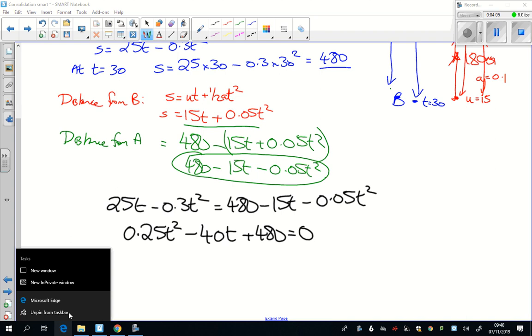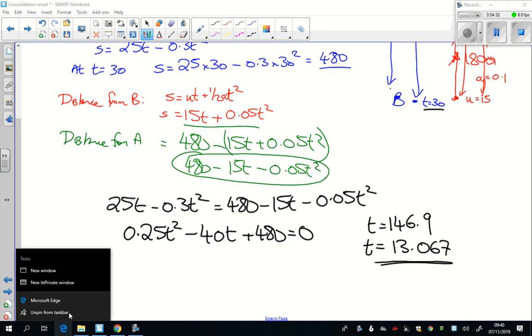Solving that on my calculator, I get t equals 146.9 seconds. Well, clearly that's not going to be right, because that's not in the 30 seconds of the journey. So the second quadratic answer gives me 13.067 seconds. That is the time at which they meet.